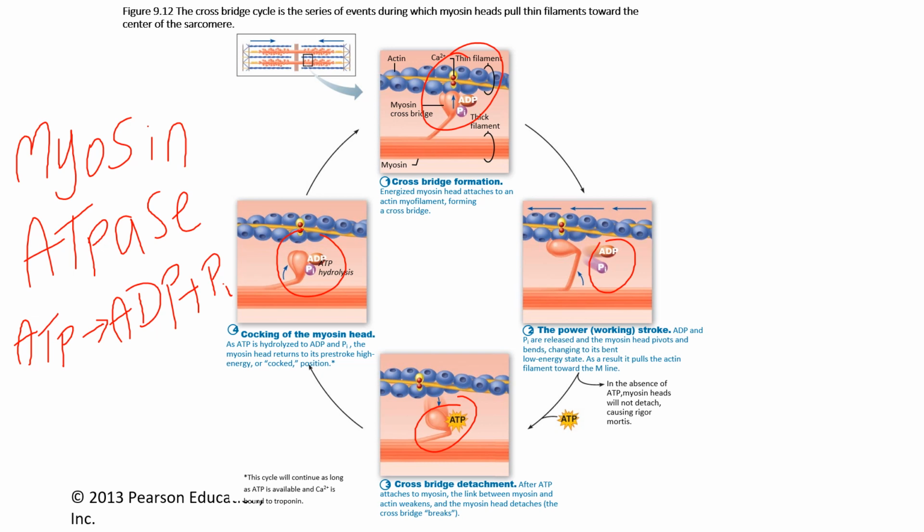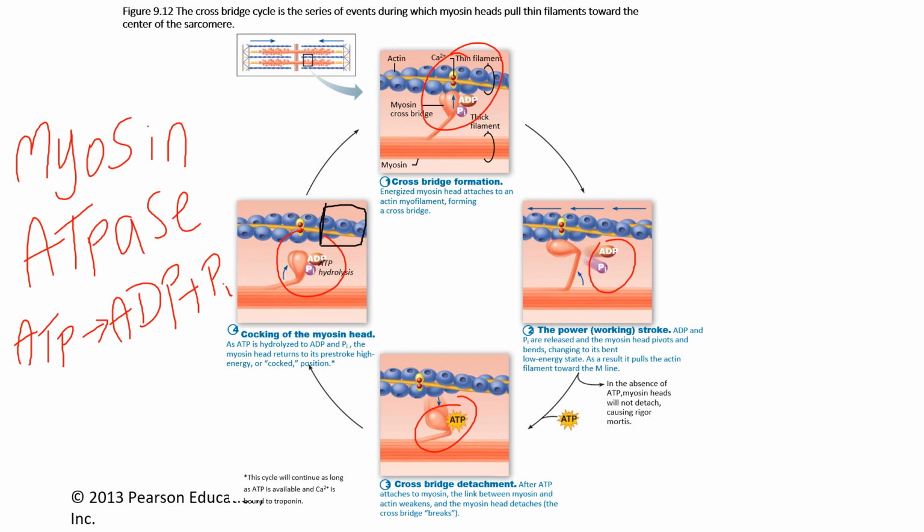And the subunits are basically right here. So if those active sites on our subunits are blocked, then myosin is not going to be able to bind, and your muscle will go ahead and relax.